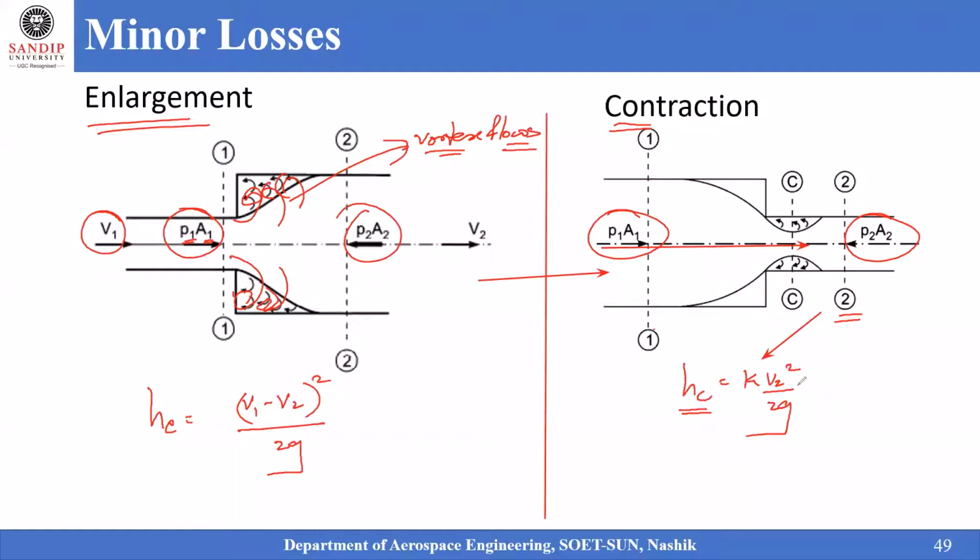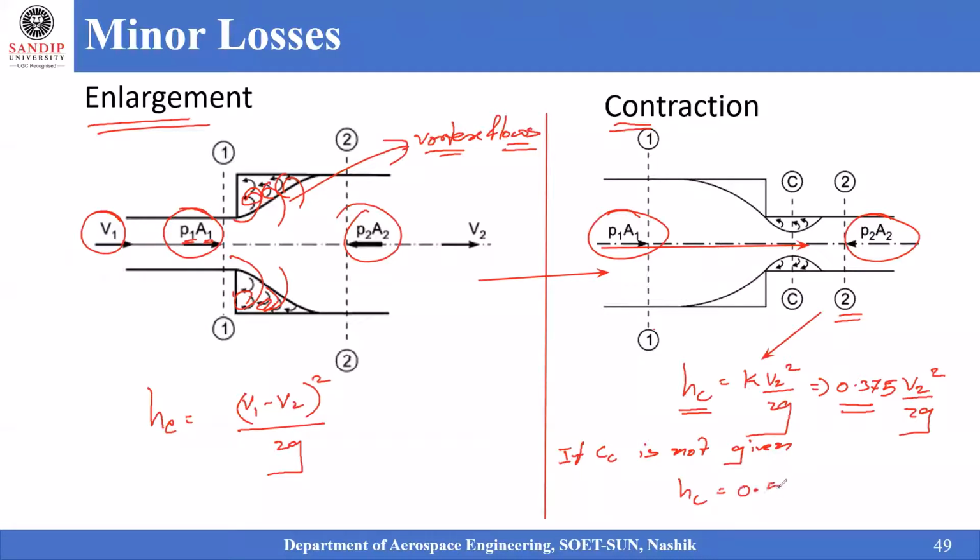In some cases, this K value will be given as 0.375 V2 square by 2g. If the contraction coefficient or contraction coefficient factor K is not given, then the user is free to use the formula with K equal to 0.5.